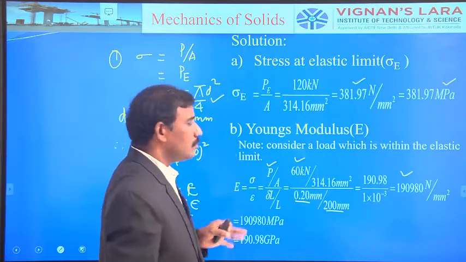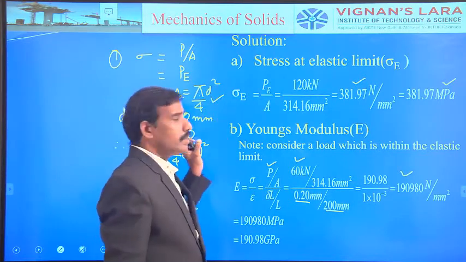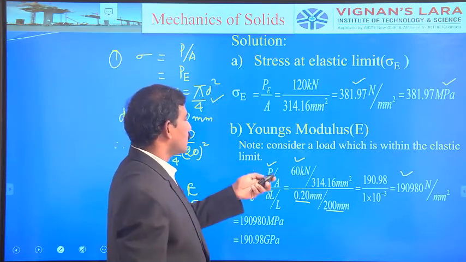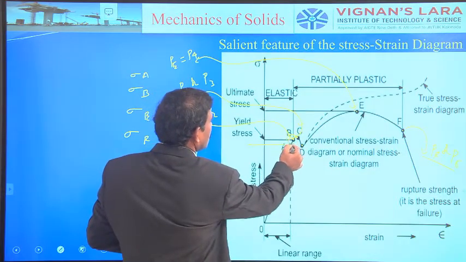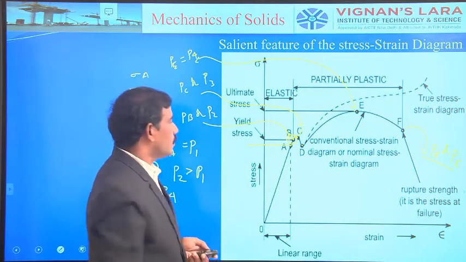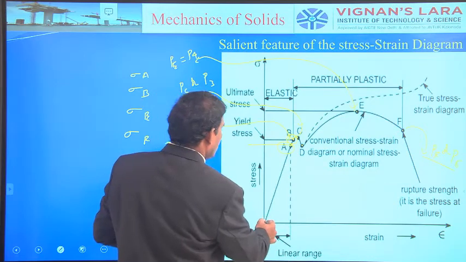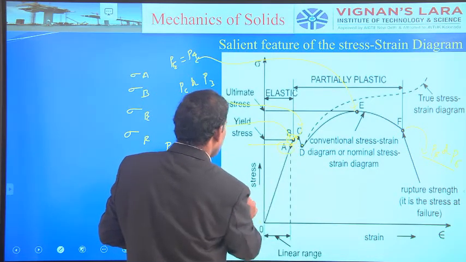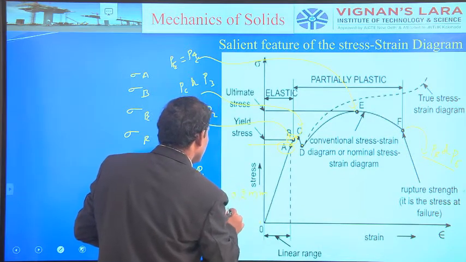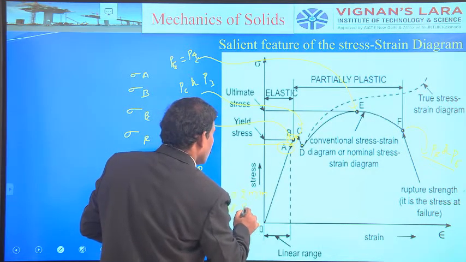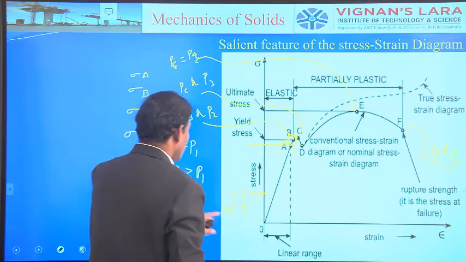So we have to remember one thing. The salient features are very, very important. If you observe the graph, B is the elastic limit, A is the limit of proportionality. The elongation up to A is 0.2 mm at a load of 60 kilonewtons.